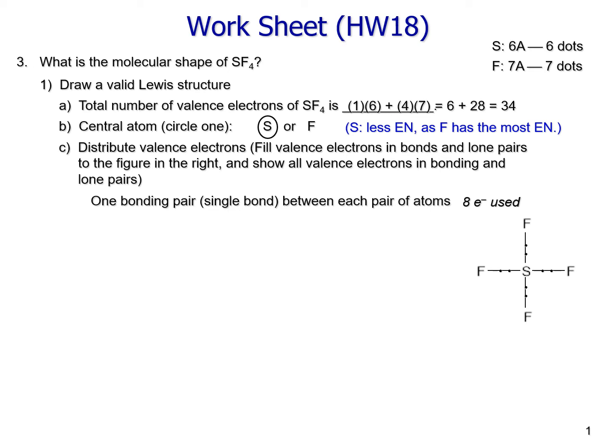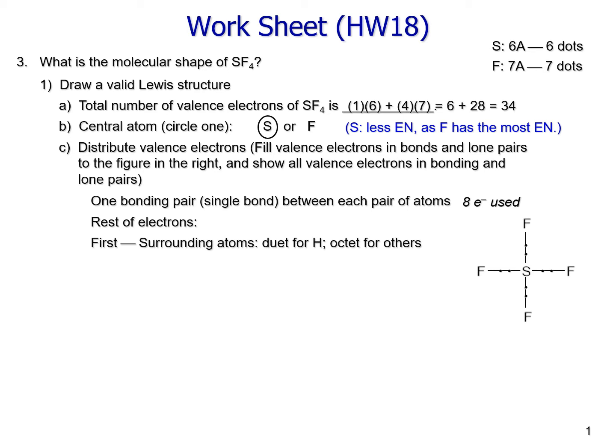We have 34 valence electrons total, so we have way more electrons to distribute. So in the second step of this portion, for the rest of the electrons, we give enough electrons to the surrounding atoms so that they can attain the octet, or duet for hydrogen.